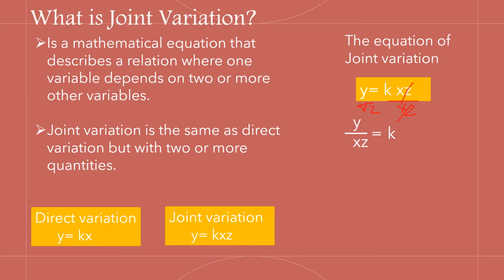If you can't remember this, at least remember the equation, because you can solve for k from it. Now, k here is also called the constant of variation and k should not be equal to 0. Same as x and z should not be equal to 0.